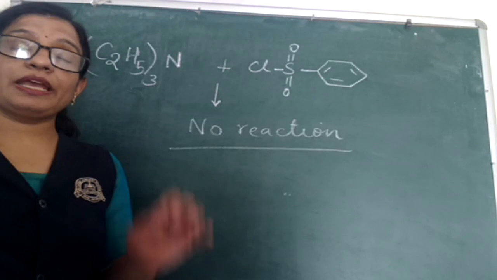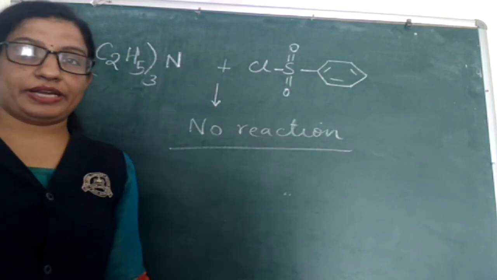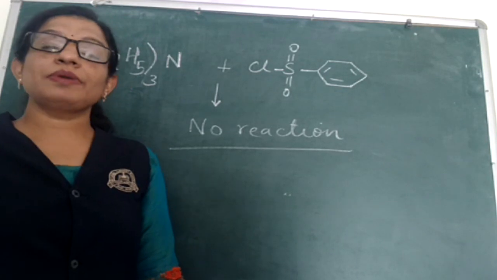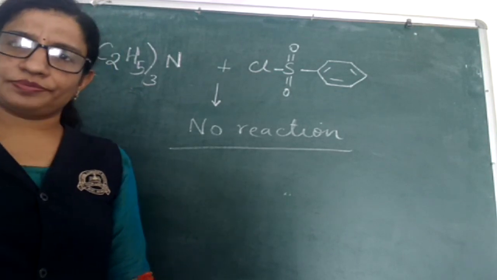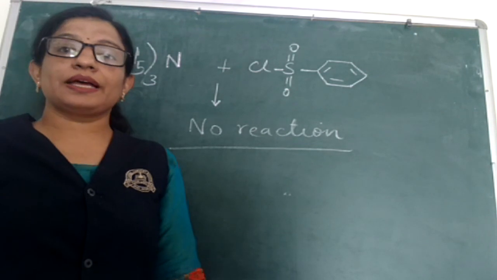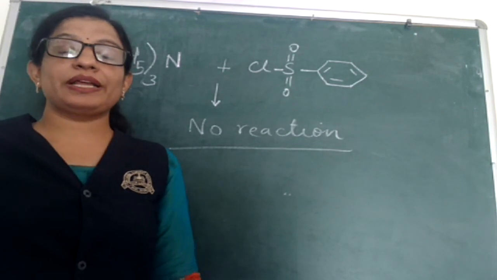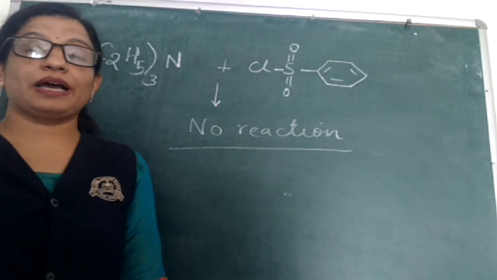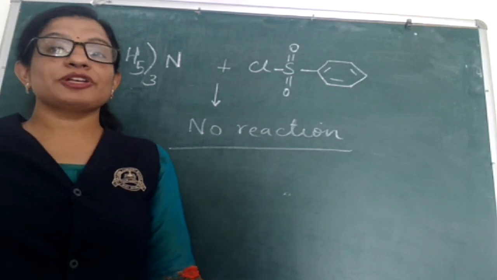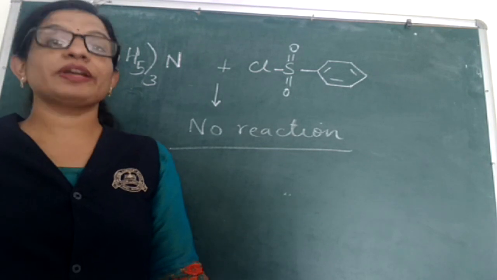These were main chemical reactions of aliphatic amines. Now we have to talk about some specific reactions of aromatic amines. And the primary aromatic amine, the simplest aromatic amine, aniline, we will discuss some of its specific reactions in our next class.